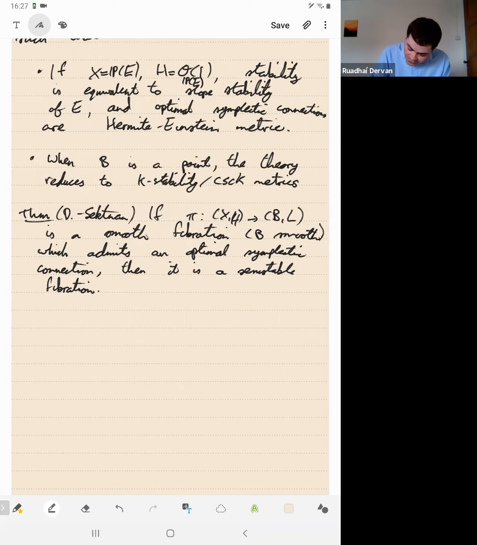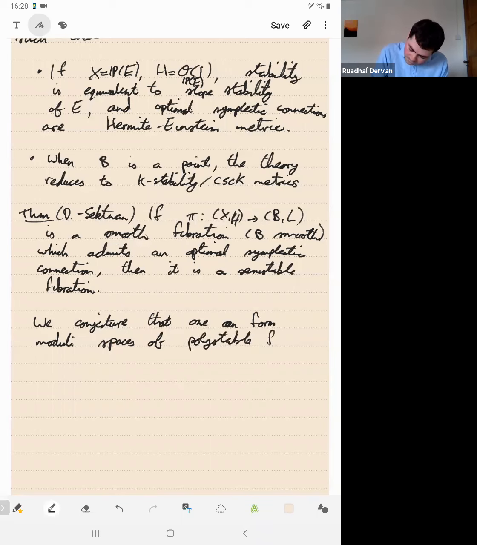Okay, so we conjecture, and this is the purely algebro-geometric moduli part of our theory, which is really just conjectural at the moment, that one can form moduli spaces of polystable fibrations over a fixed space.